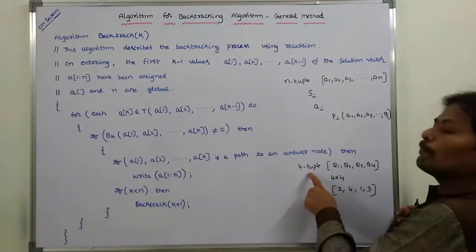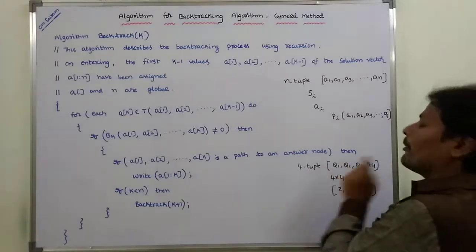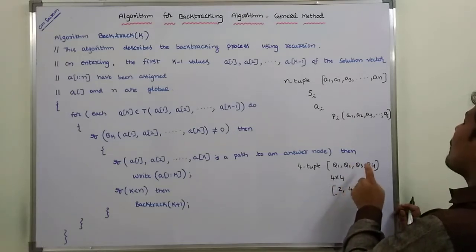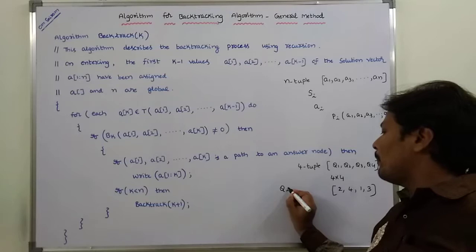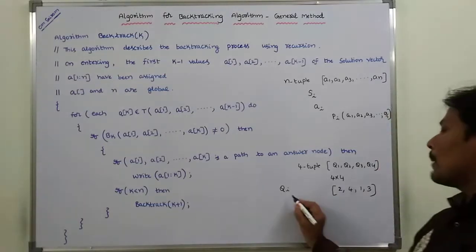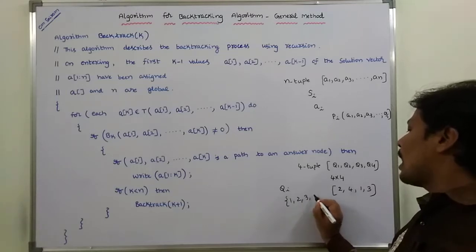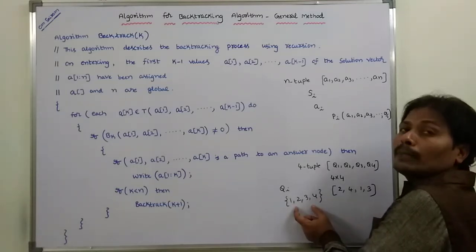This can be represented as a 4-tuple, each queen being q1, q2, q3, q4. Each queen can be chosen from the finite set {1, 2, 3, 4}, which are the column numbers.